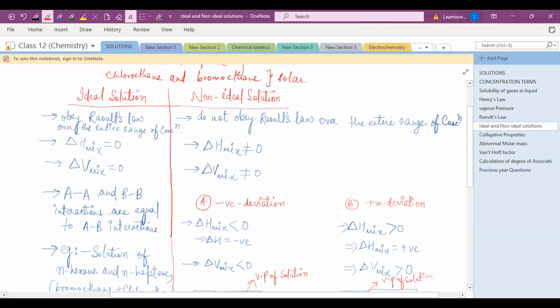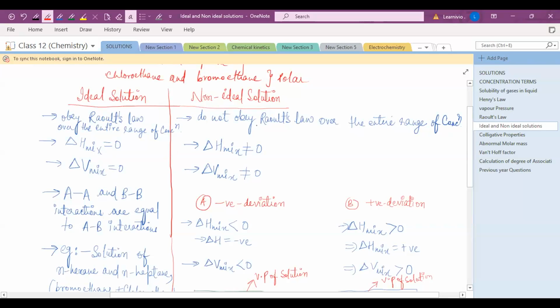If an ideal solution is forming, for example when you add benzene and toluene, the enthalpy change of the mixture is always 0. So in the case of ideal solution, delta H mixture equals 0. And the volume change of mixture is also always 0 in the case of ideal solution.